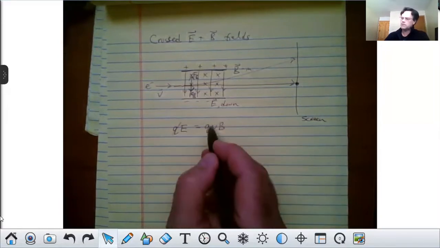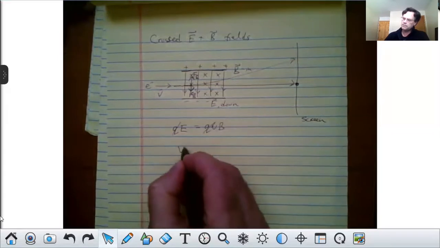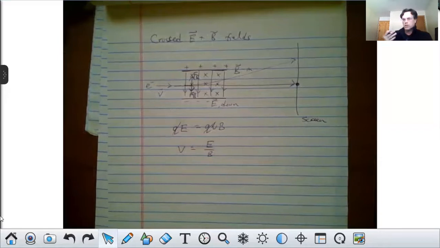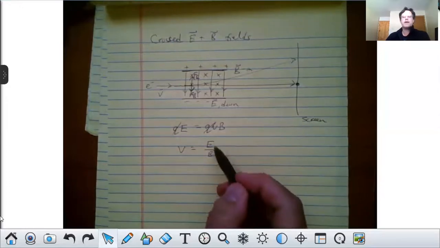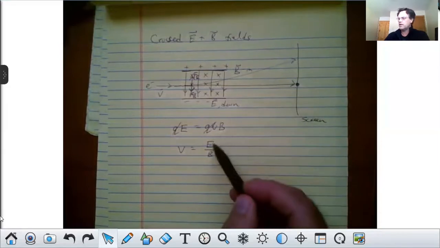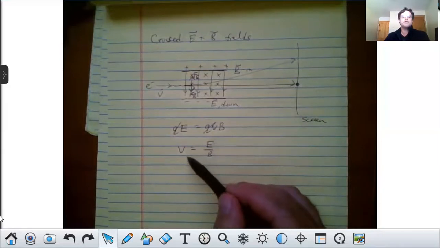The q cancels, and I can solve for v. So v is equal to E over B. So this is a way I can actually measure the speed of charged particles. I just adjust my electric and magnetic fields until it hits in the center of the screen, and I can calculate the speed that the charge must have.